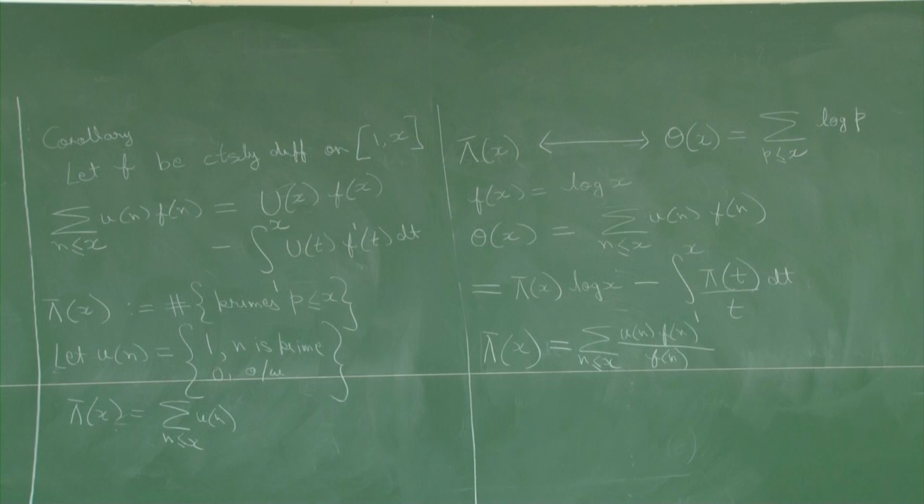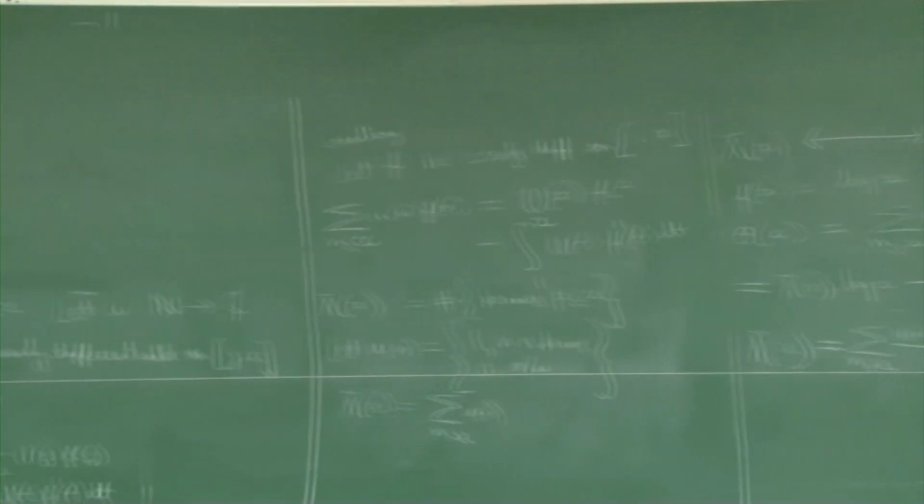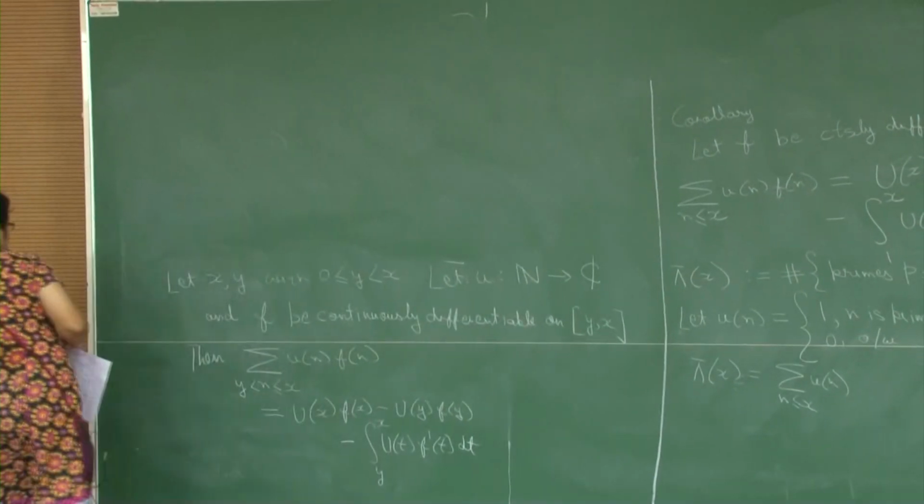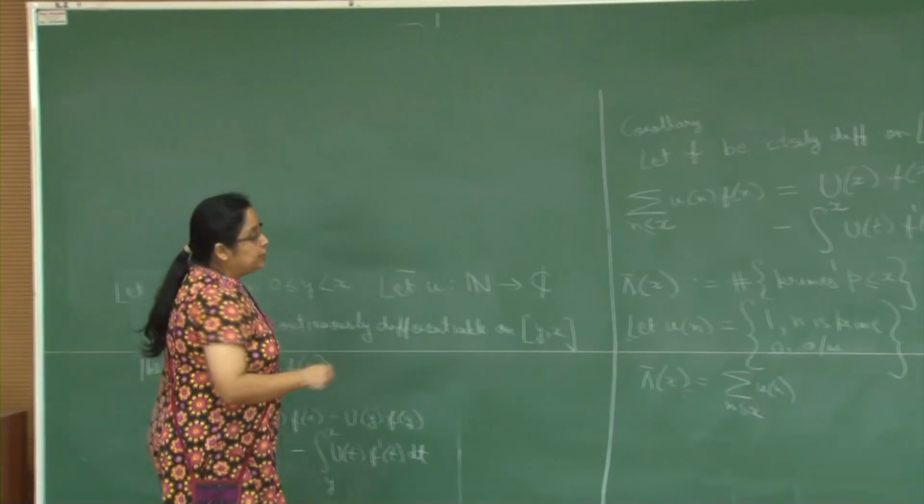So, we are going to apply the original form of the partial summation formula to the interval 3/2 to x. So, what are we doing?